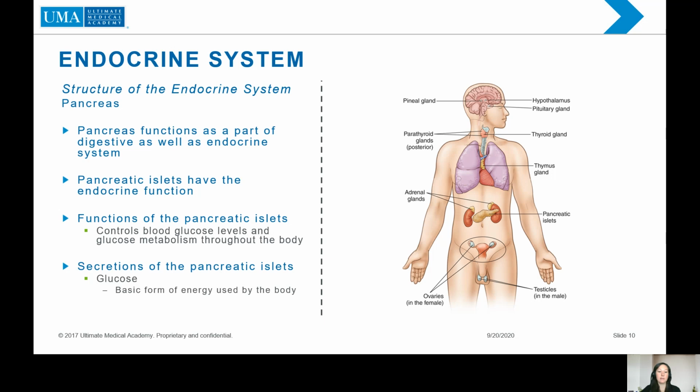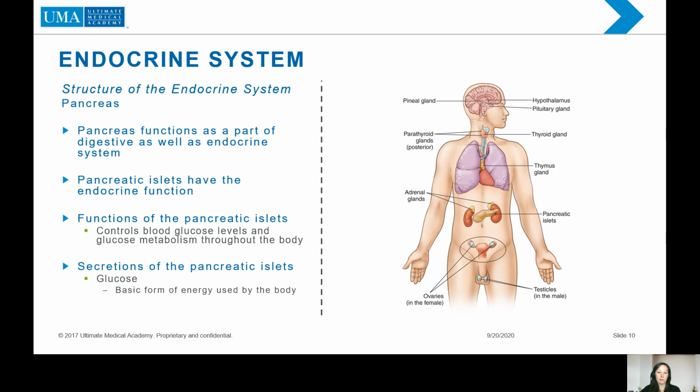So it's functioning in both systems. And then you have pancreatic islets that have an endocrine function. So this function is to control your blood glucose levels and glucose metabolism throughout the body. It's also going to secrete glucose, which is your basic form of energy used by the body.